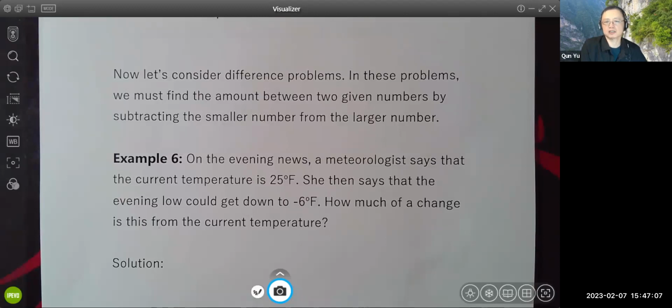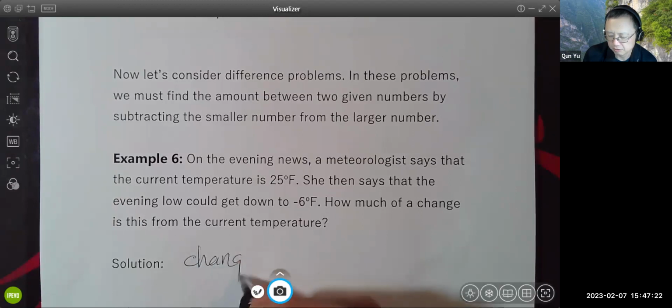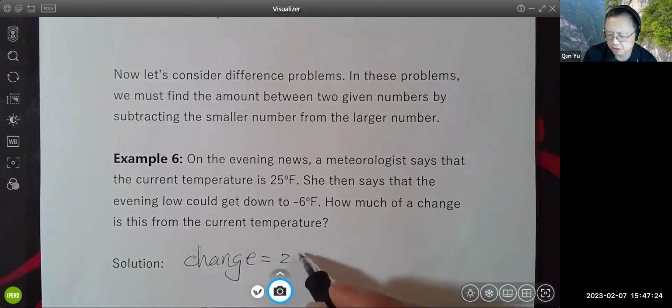So change is the difference between the two numbers, right? When they ask us to solve for change, it is equivalent to solving for the difference between those two numbers. We're going to use the bigger number, subtract the smaller number.